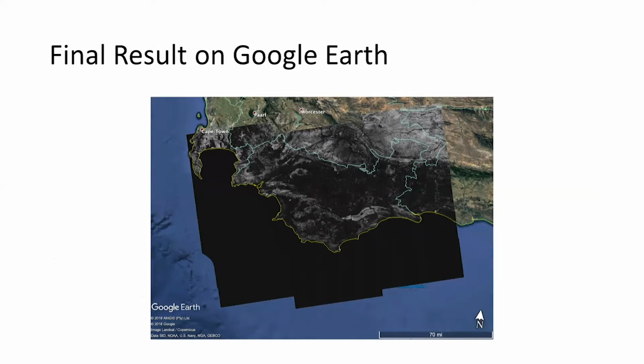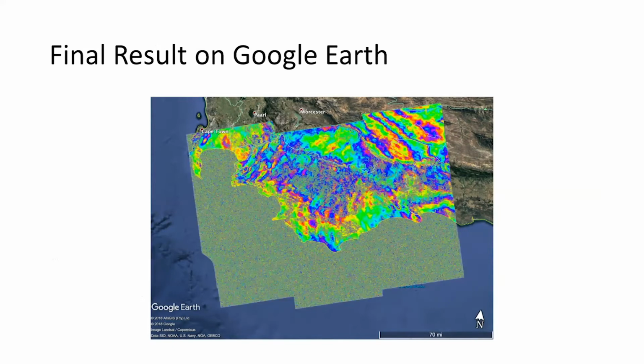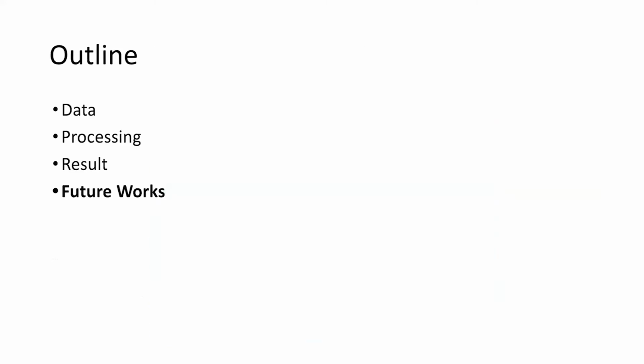And here is a phase image of the South Africa Cape Town area. As for future work, this is my third day learning the SAR data, so it's a long way to go. I have to keep figuring out all these terms and start learning the analysis of SAR data and software.